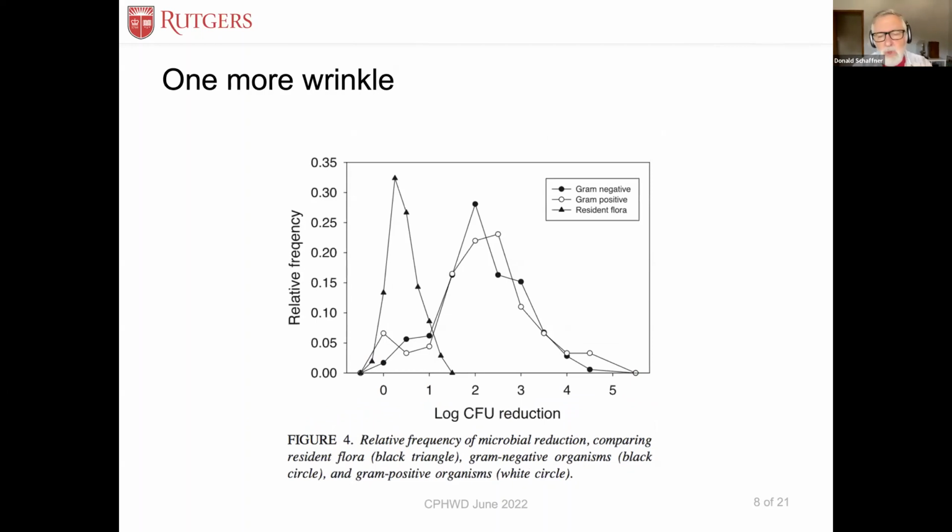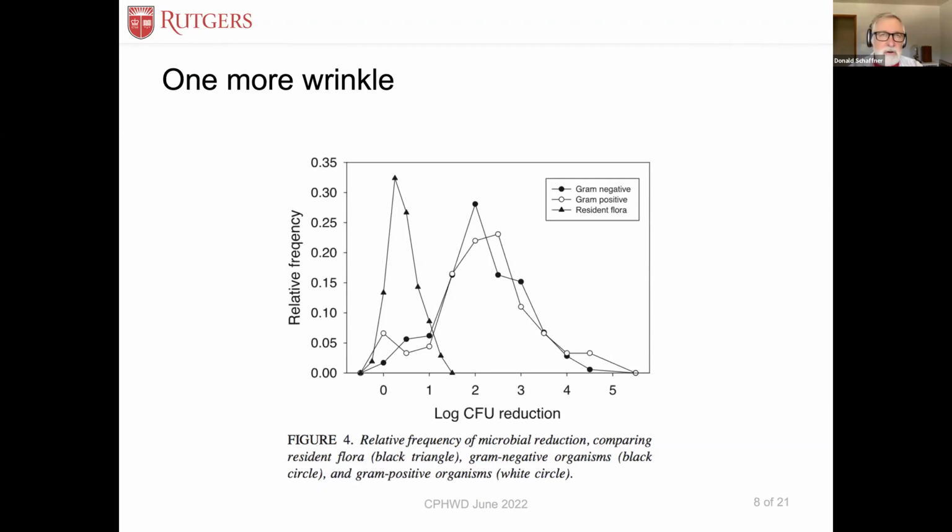Okay, so one other really interesting discovery that we made as part of this same work is that it really mattered what it was that you were studying. And so you can kind of divide the scientific literature on hand washing into three different types of experiments, okay? The first type of experiment is where you deliberately put gram-negative bacteria on people's hands.